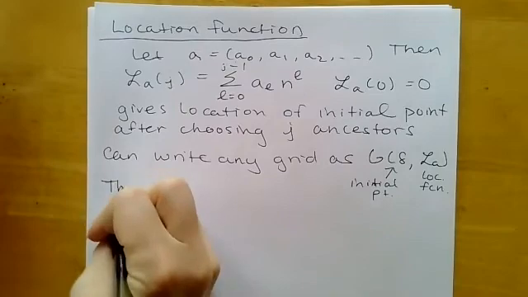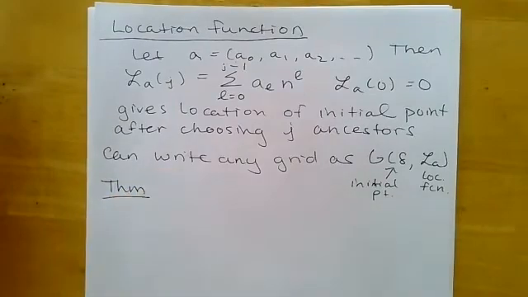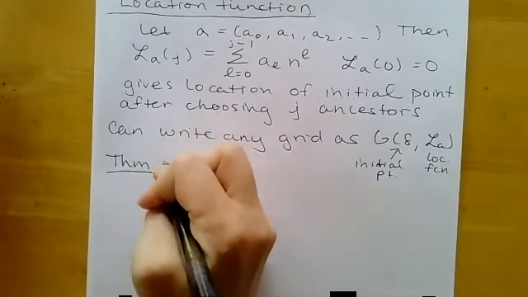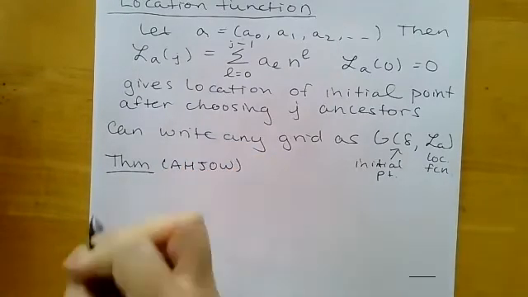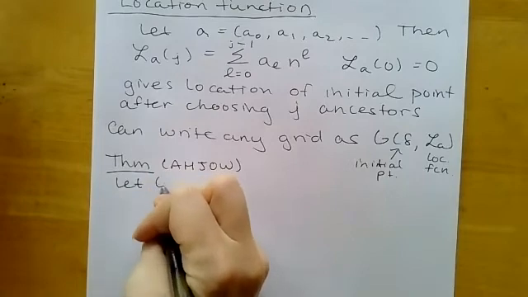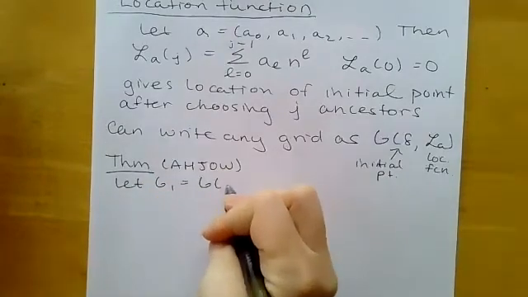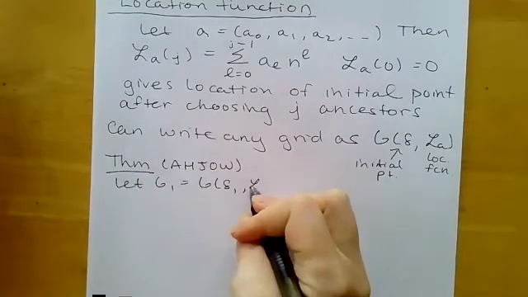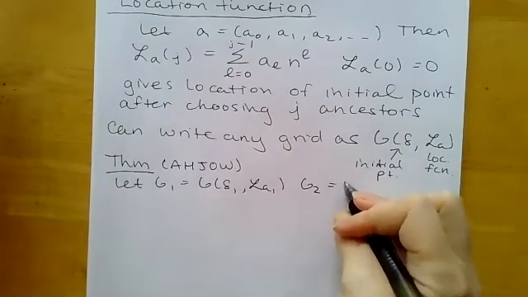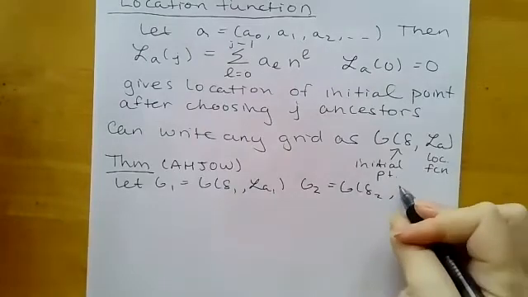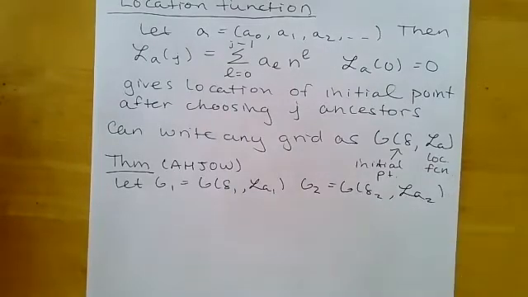And so the first theorem involves classifying all of these. This is in the Mathanolin paper. It says, let G1 be some G with initial point delta 1 and location function L_A1, and G2 be some G with initial point delta 2 and location function L_A2.